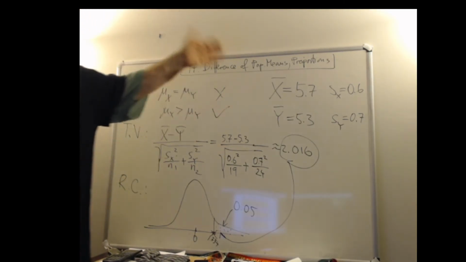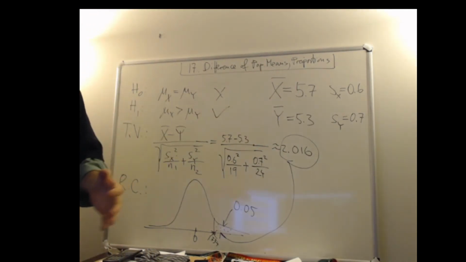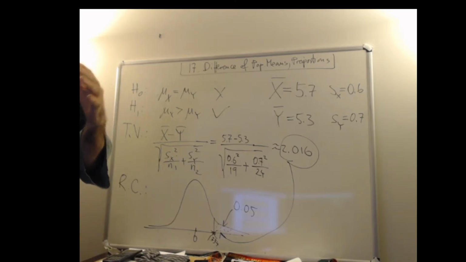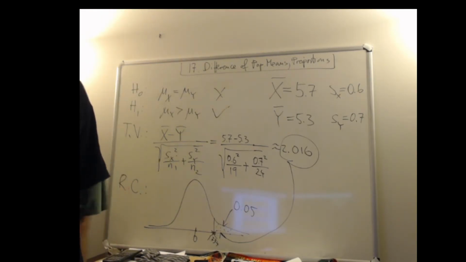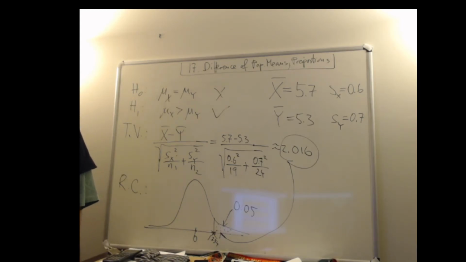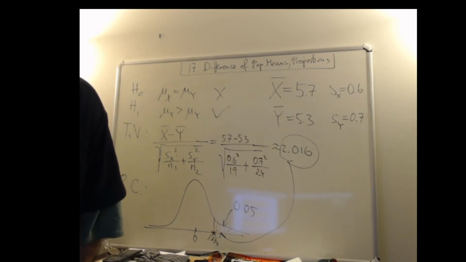I'm not talking about this 19 versus this 24, I'm talking about in general. If you feed the hens with this special diet, on average, they will be heavier than the ones on a regular diet. So you might as well start doing that, if that's your goal. Okay, we have enough statistical evidence for that conclusion.